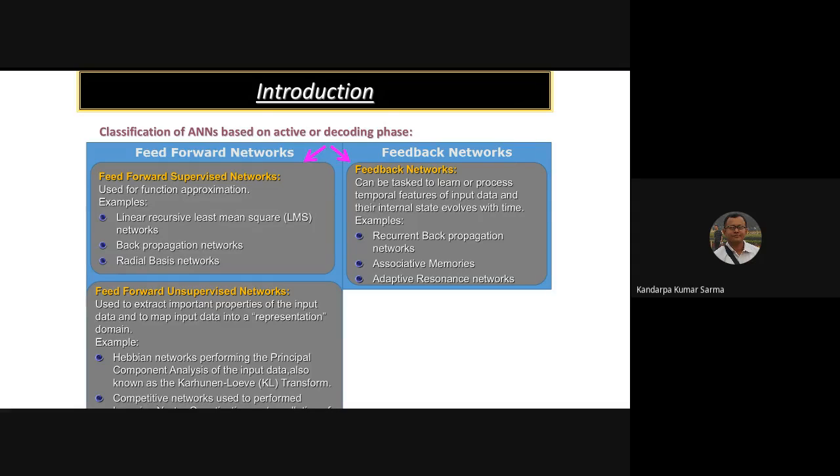Now, for time-dependent processing, we need feedback networks. The recurrent neural networks are a type of feedback networks that have shown very successful time-dependent processing capability. So for all time-dependent phenomena like time-dependent prediction, speech processing, forecasting linked to the stock market, financial system, banking, and so on and so forth, we find that the feedback networks, or the recurrent neural networks, are very successful.